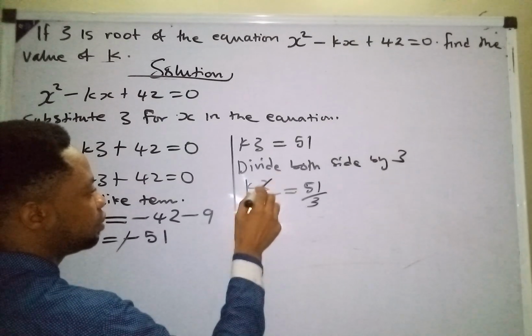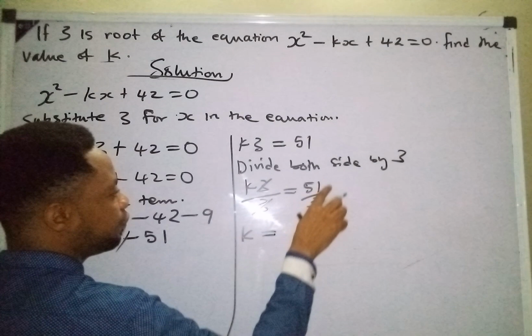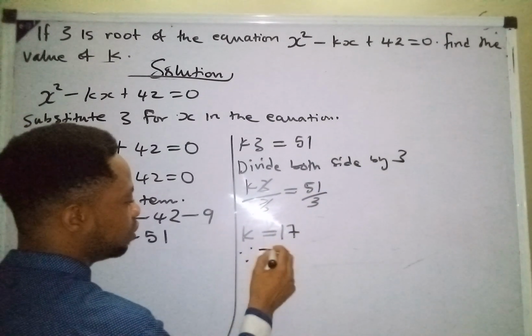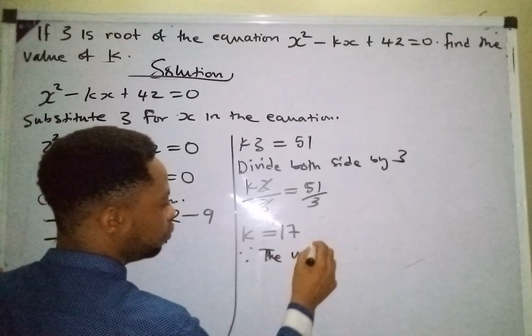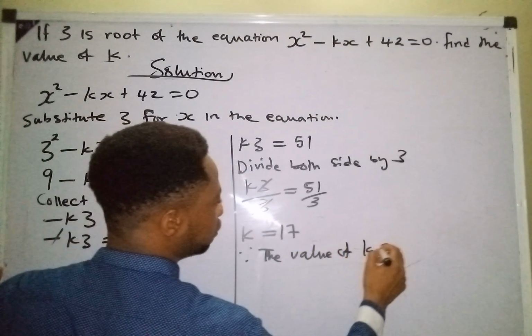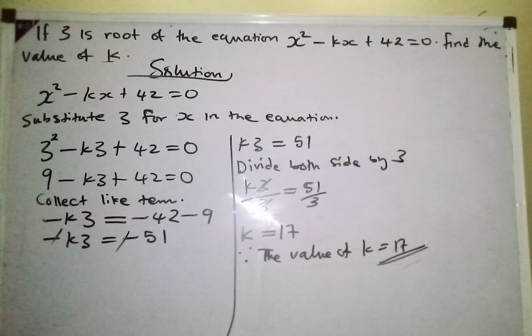Then this 3 cancels out this 3. What we have left is k equals 51 divided by 3. You are having 17. So therefore, the value of k is equal to 17. This is the answer to this question.